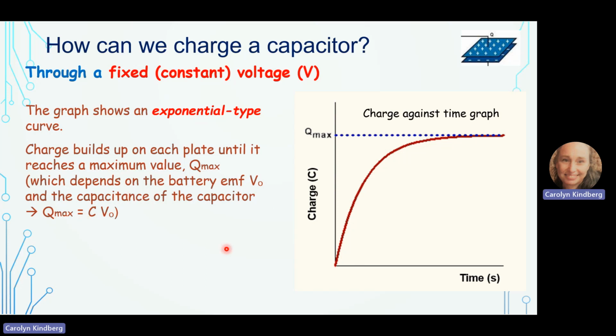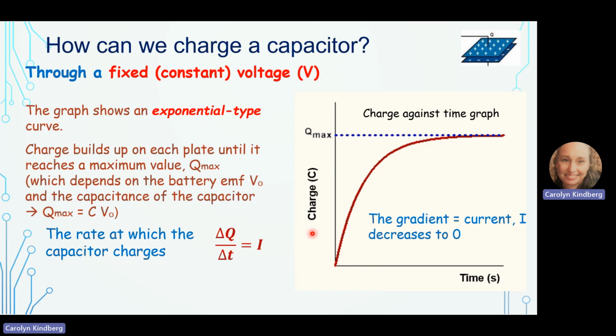And if we look at the rate of charging, how quickly it charges with time, we're looking at delta Q over delta t, and we know that that equals the current. So the gradient of this graph is equal to the current.